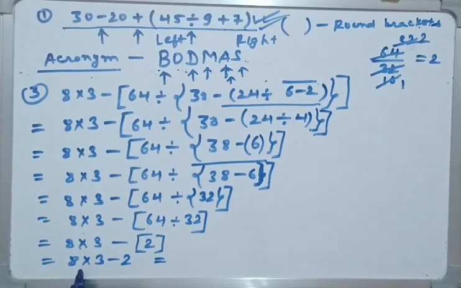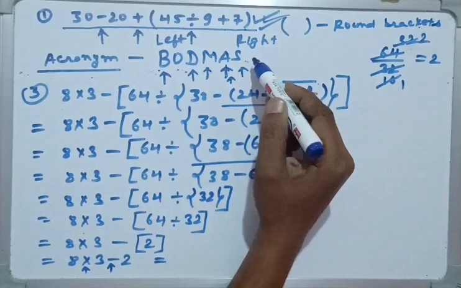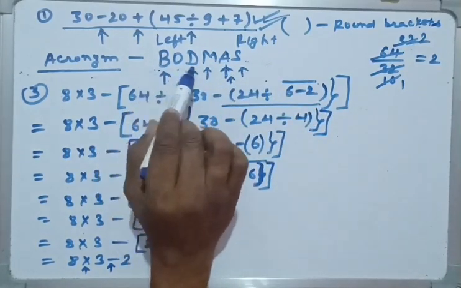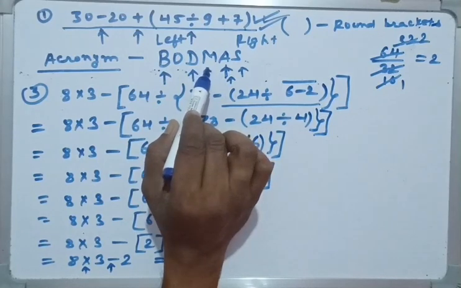Now there are two operators, one is multiplication and the other is with a minus sign. So guys, you can think, do I subtract 3 minus 2, or do I multiply 8 into 3? So again we use this acronym BODMAS. Here, when you are moving from left to right, M is coming first.